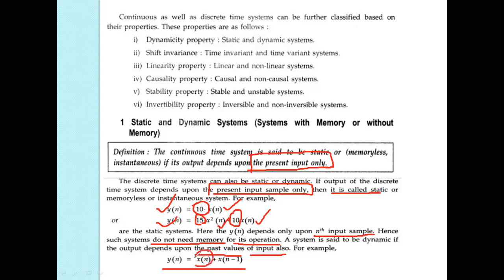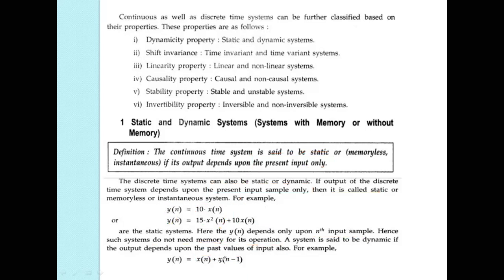See here, the present input is there, including the past x of n minus 1. So this y of n equation is dynamic, and these two equations are static, because the output y of n depends upon the present input only. But this equation is dynamic.